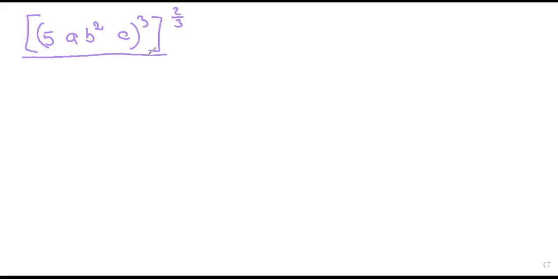So 5 a b square c to the power of 3, all to the power of 2 over 3, over 25 a to the power of 1 over 2.